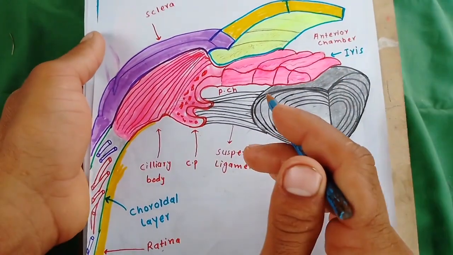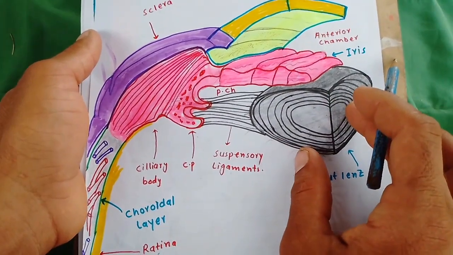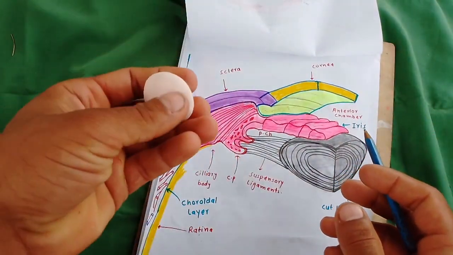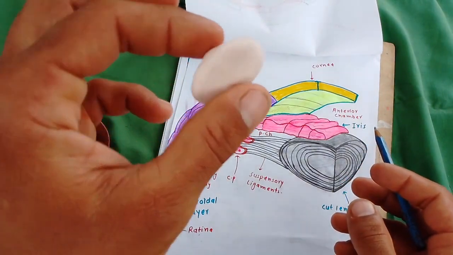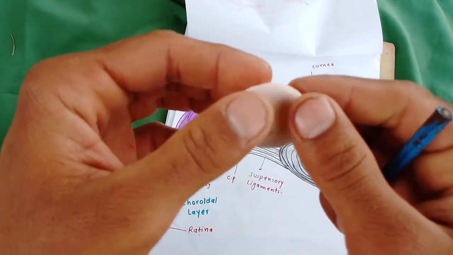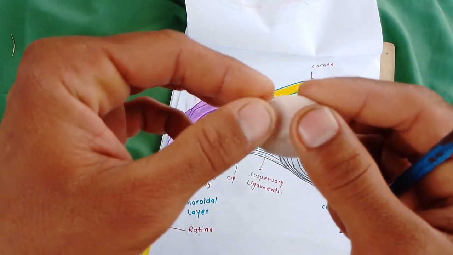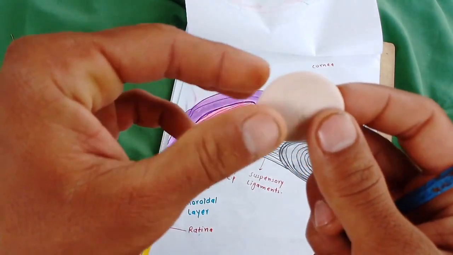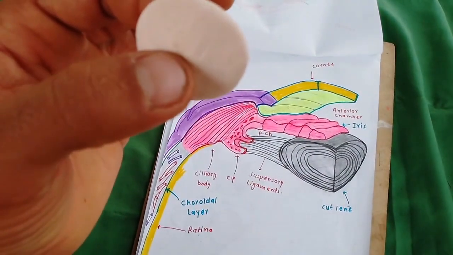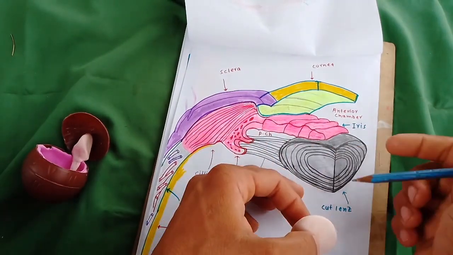So it changes the structure and shape of the lens. This is the lens, and it has a biconvex shape.